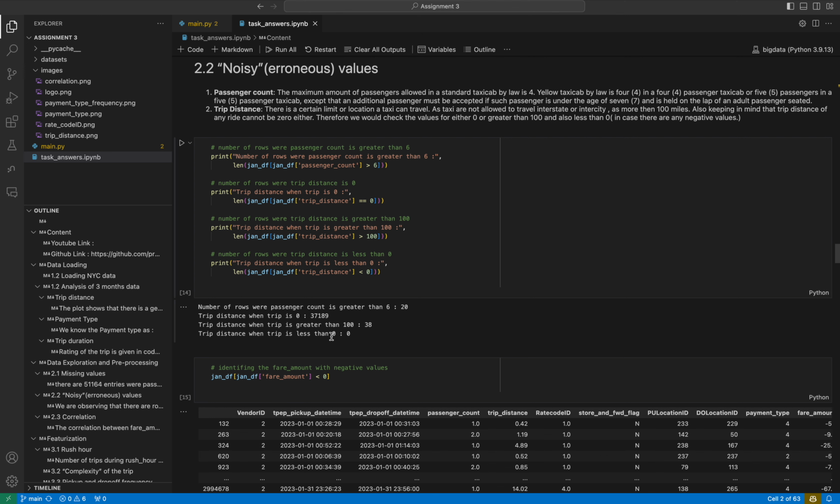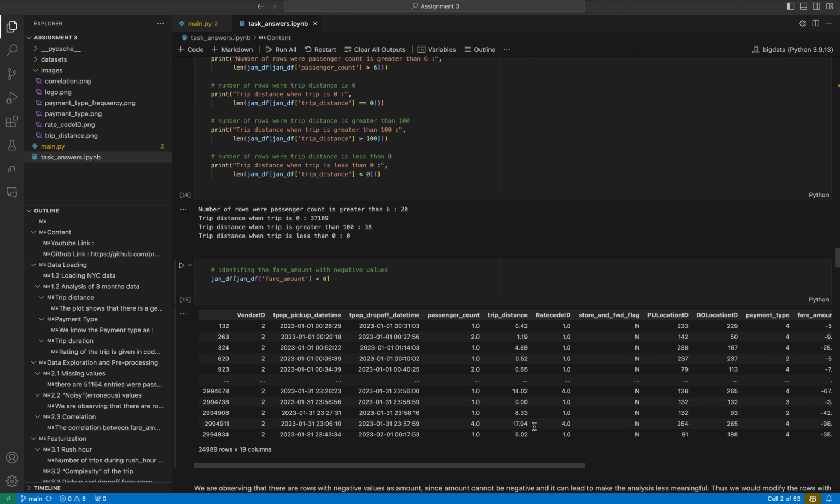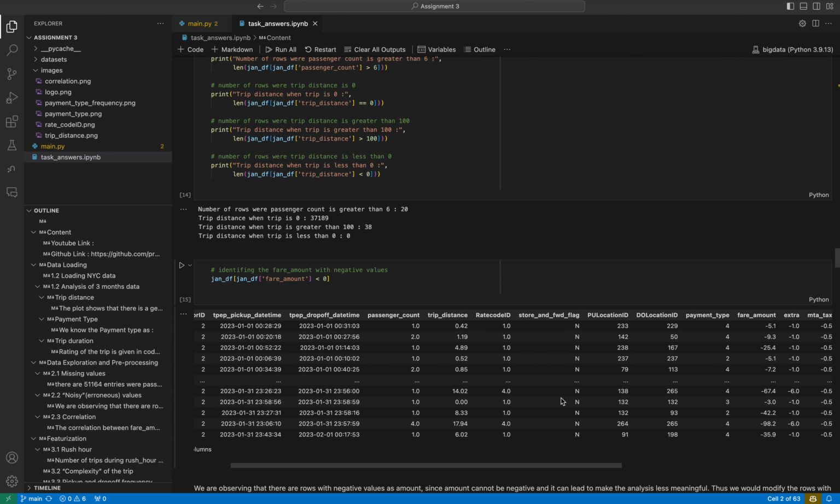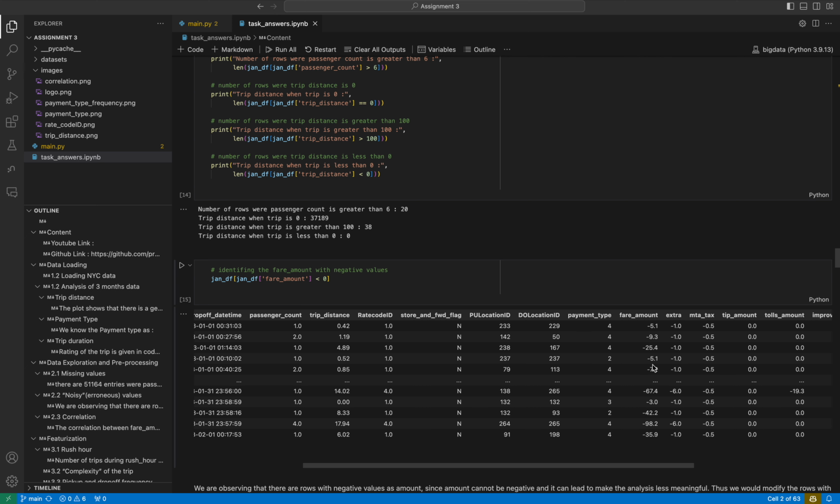While doing this, I found that a few amounts were negative, which is a big noisy value. You cannot have an amount in negative. This is one of the discrepancies which can mislead our analysis.